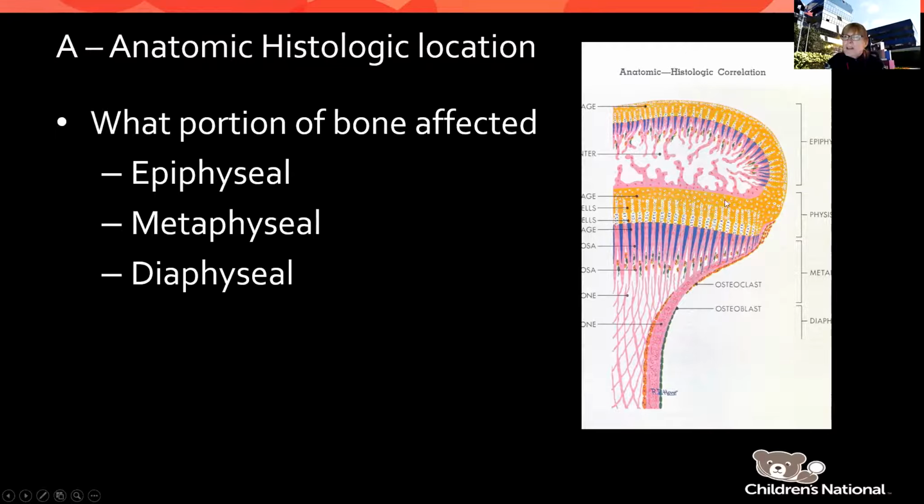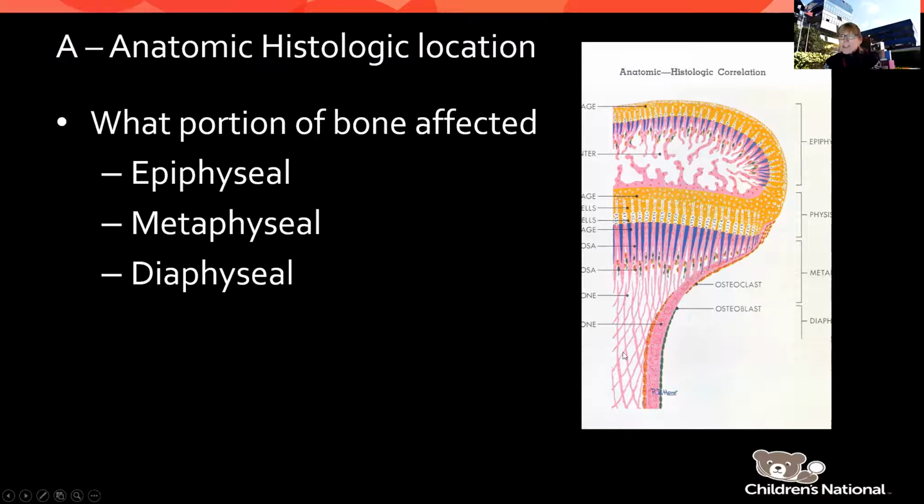It grows in a circular pattern with its own surrounding cartilage. Then you have the physis, which has the columnar growth. Then you have the metaphysis with the zone of provisional calcification. And then you have the osteoclastic and osteoblastic activity that forms what the diaphysis looks like.